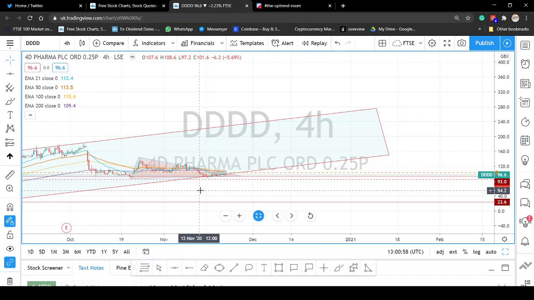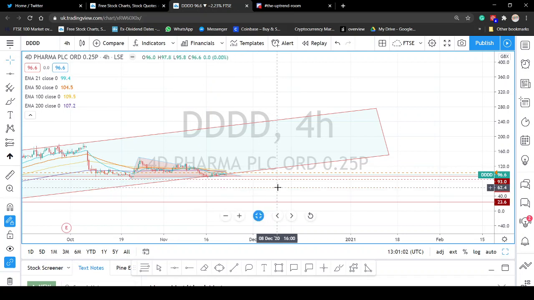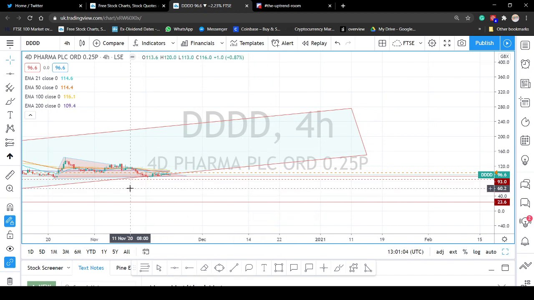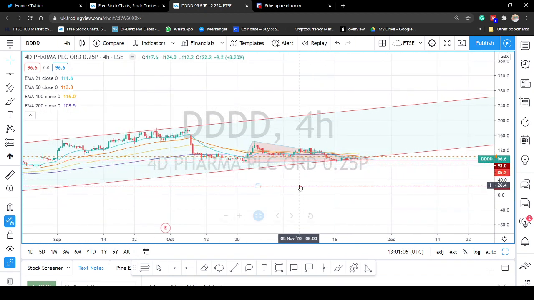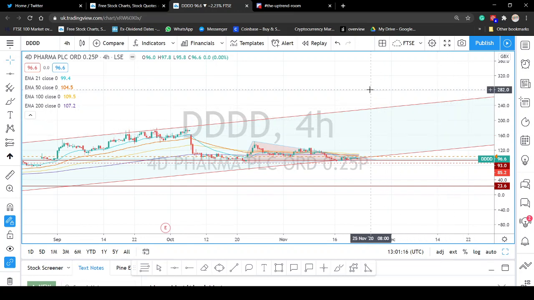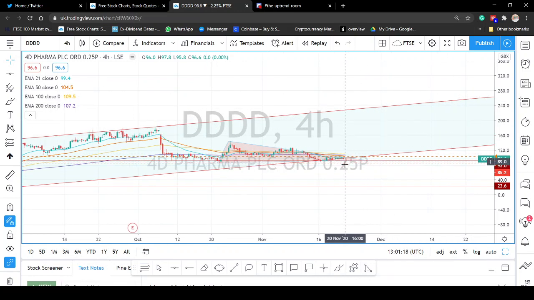Of course, I could be completely wrong, and price might want to break down and start revisiting the lower lows. But according to my system of technical analysis, looking at the charts, I think this stock will find some support, and I think it will start wanting to revisit the previous highs. To me it looks bullish, right?